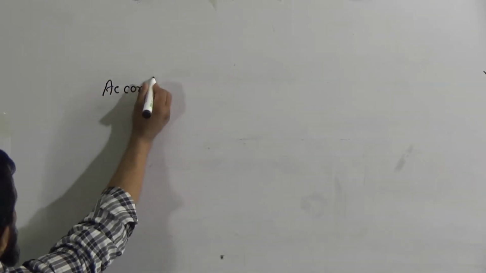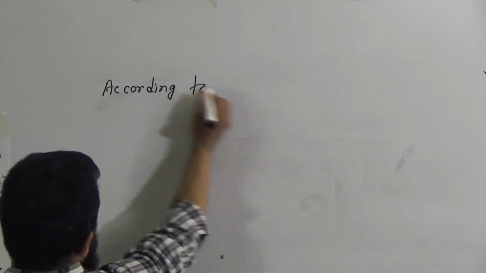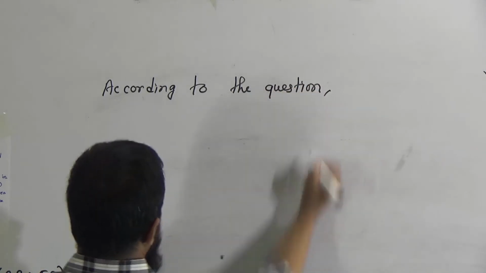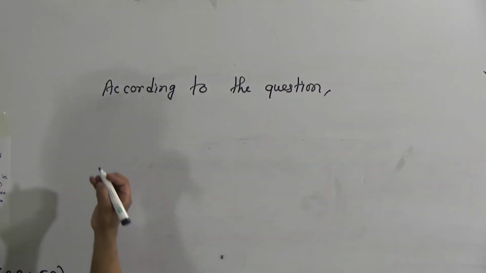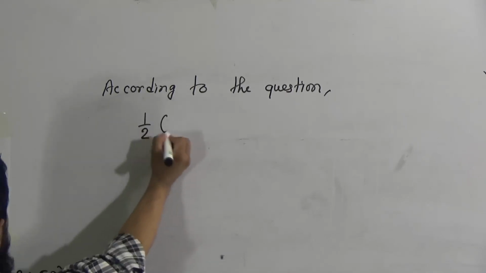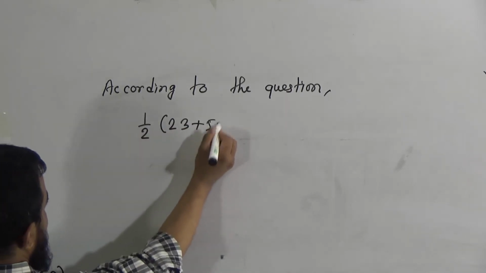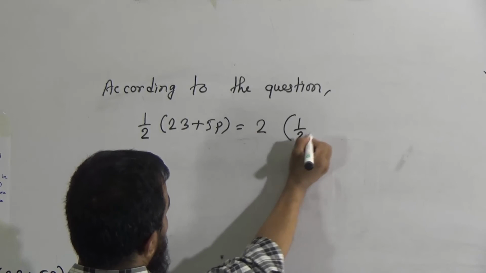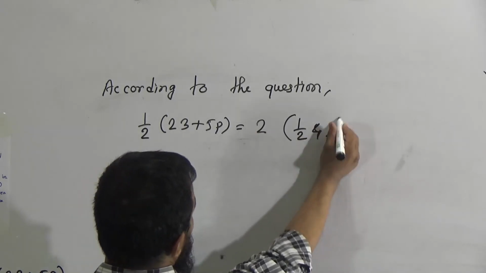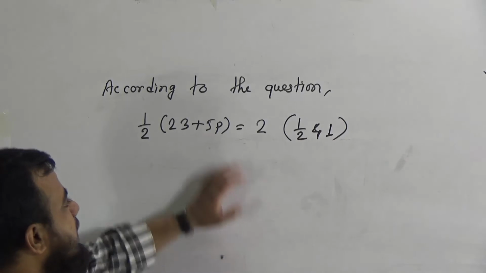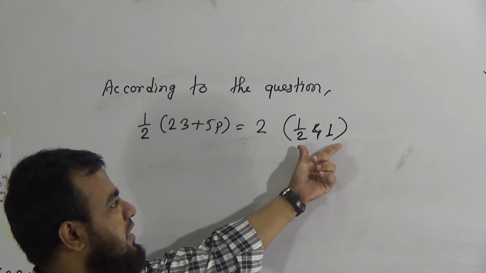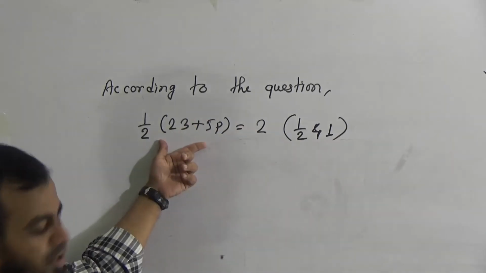So according to the question, we can write it down: half of 23 plus 5p is equal to 2 into half of 41, because this is the area of the quadrilateral and this is the area of the triangle, and the quadrilateral's area is double the area of the triangle.